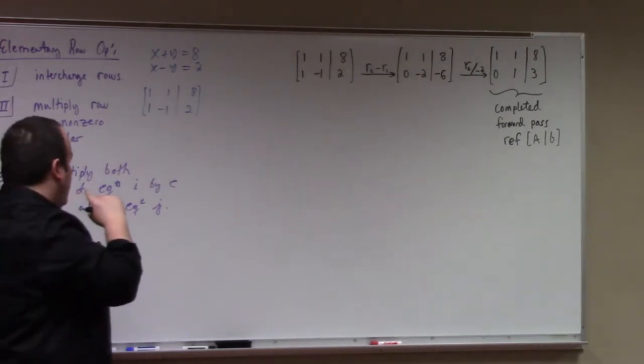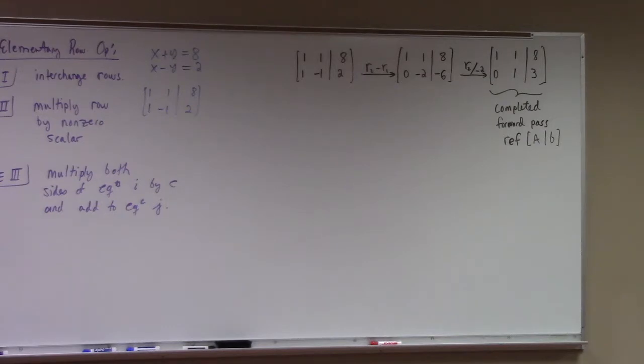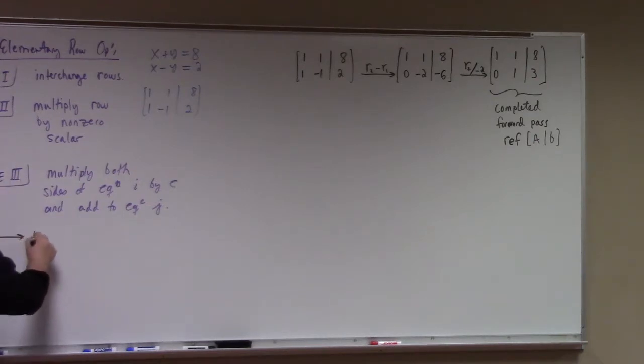There's another thing I should have told you. If you take a matrix A and do any of these three operations to get a matrix B, then matrices A and B are said to be row equivalent. You can prove that this is in fact an equivalence relation.